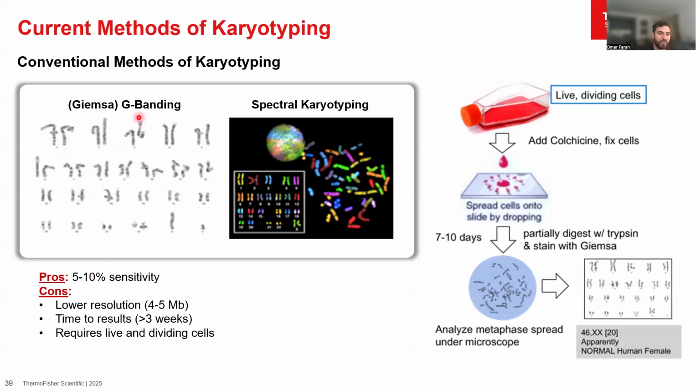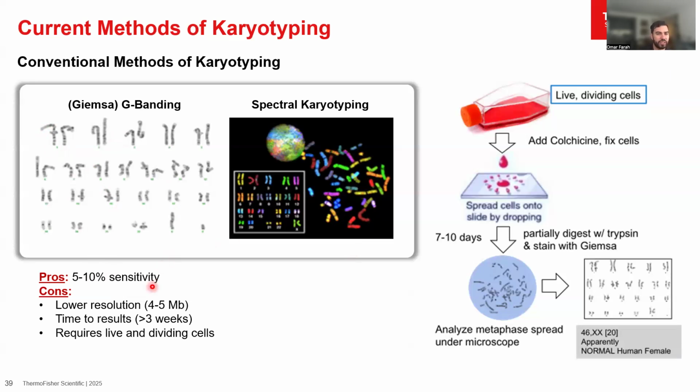And this is the traditional G banding that we've seen in all biology textbooks, but there's really cool new spectral karyotyping methods that can also be employed here as well, that are a little bit more modern.